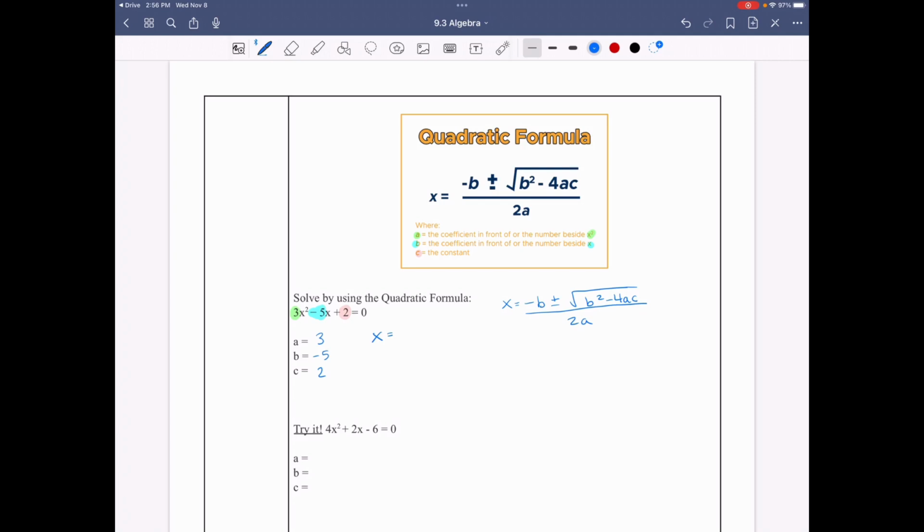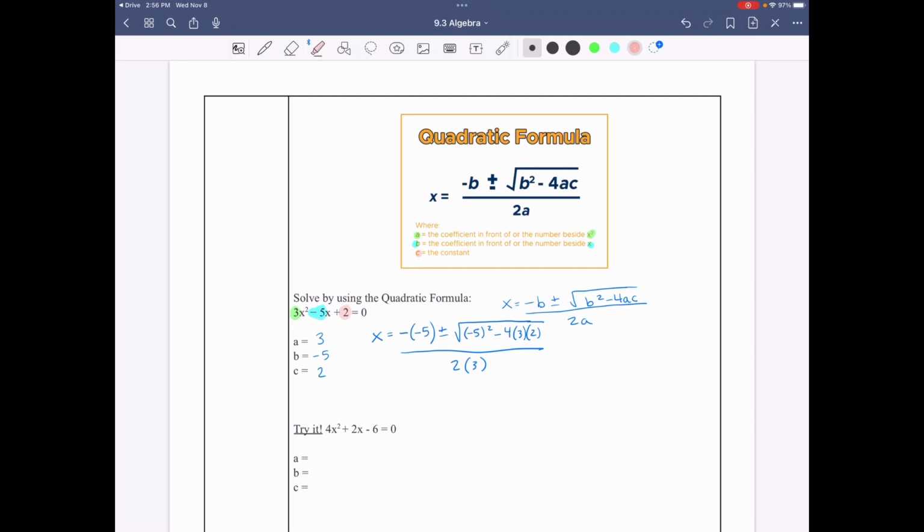X equals negative b, which is going to be a negative 5, plus or minus the square root b squared, so negative 5 squared, minus 4, a is 3, c is 2, all over 2a, and a is 3.